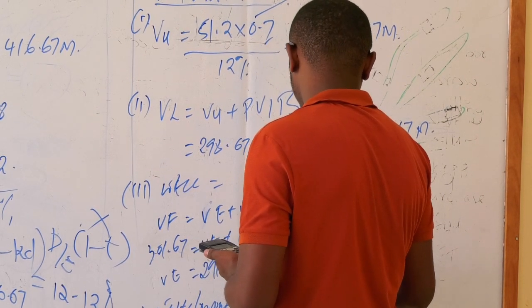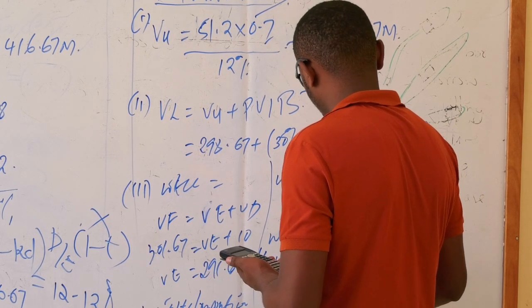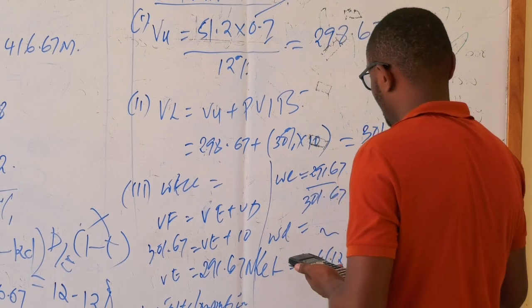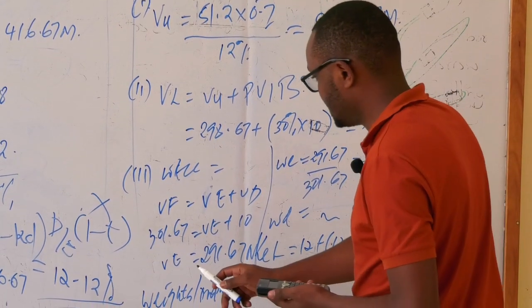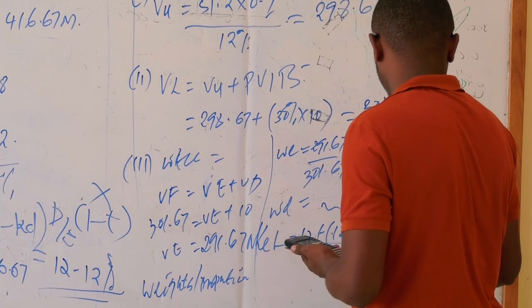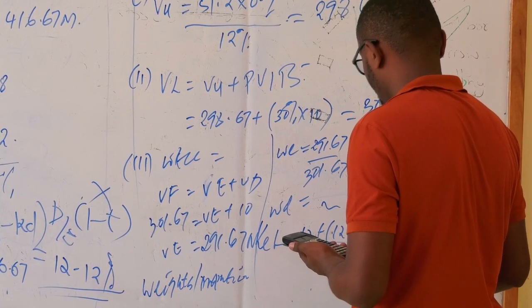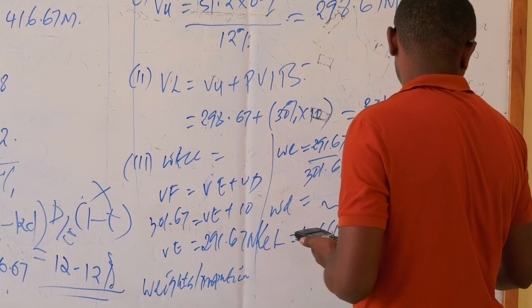After that, we can have the cost of equity of your farm. I've told you the formula about it. So you're going to talk about 12 plus (12 minus 7) times debt over equity. Where is the debt? Debt is 10, over equity. Equity is 291.67. Then here we have the tax model, so 1 minus 0.3.